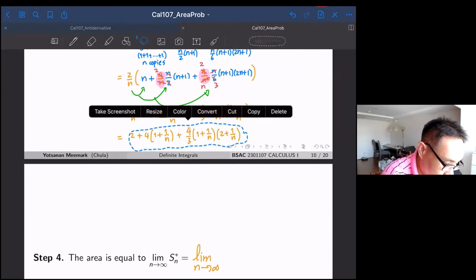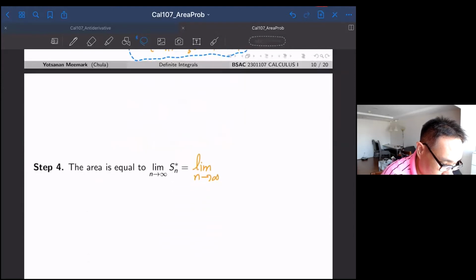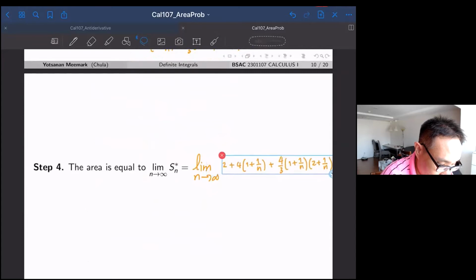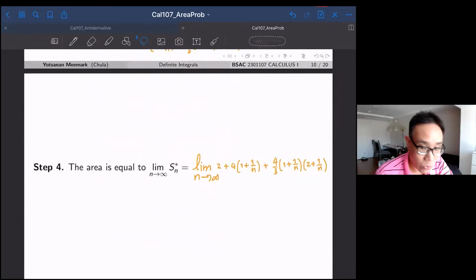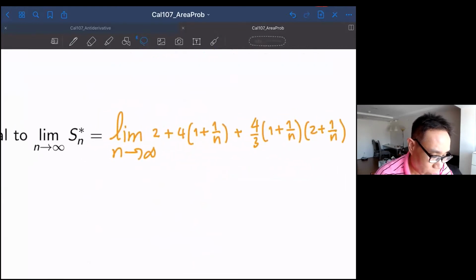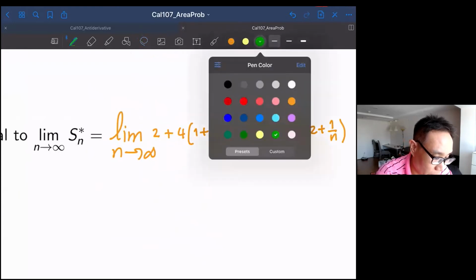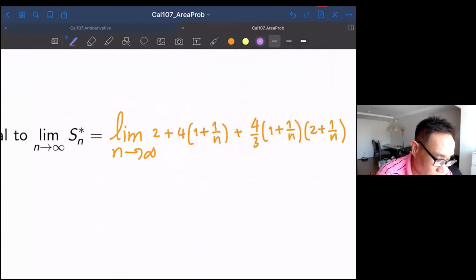So I would get the limit as n goes to infinity of 2 plus 4 times 1 over n, and 4 thirds times (1 plus 1 over n) times (2 plus 1 over n). So you would get 0 for this guy, 0 for this guy, and 0 for this guy.